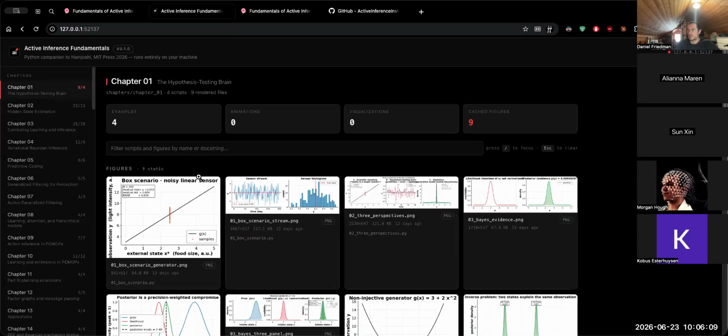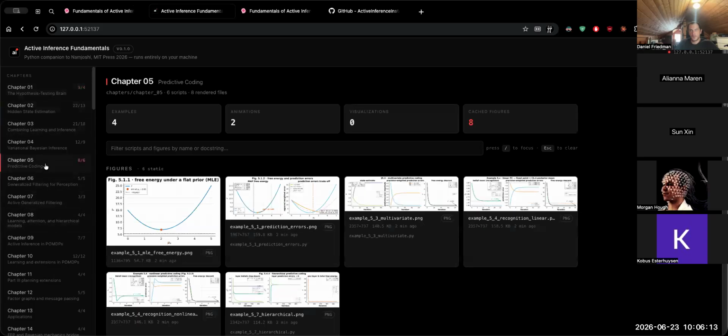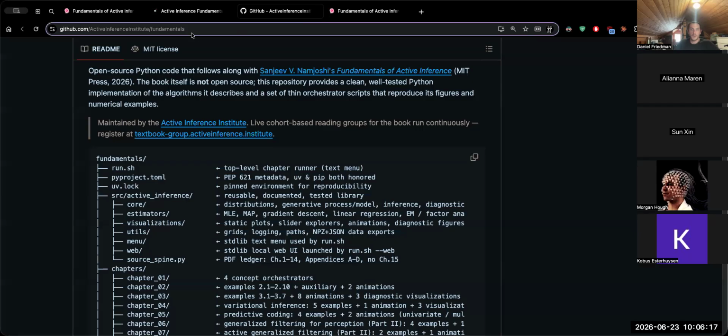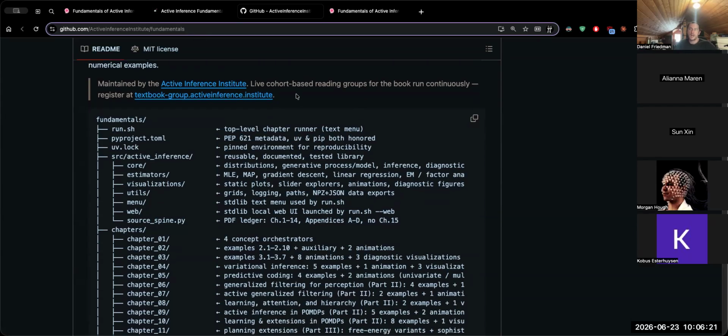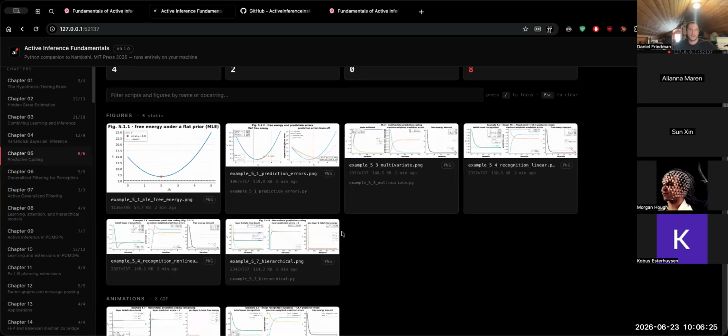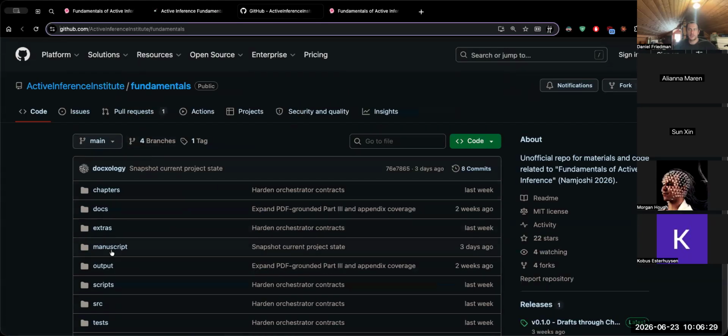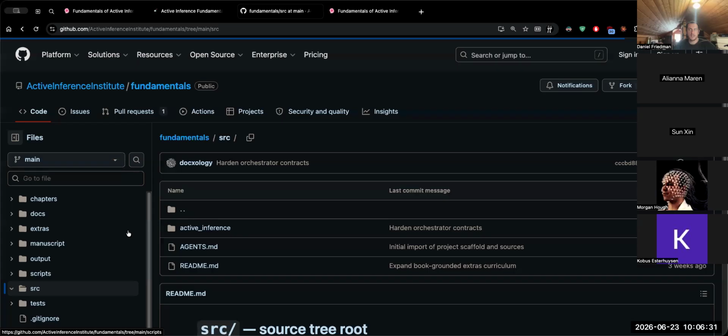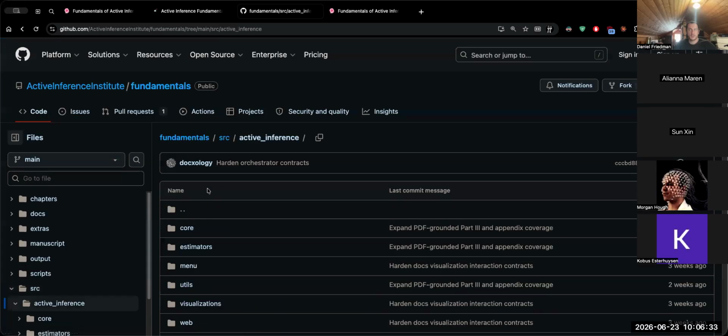And I'll also just bring up this is the chapter 5. This is the fundamentals open source code repo. And I just made a couple updates to the chapter 5 code. So all the methods are in here in SRC modules.